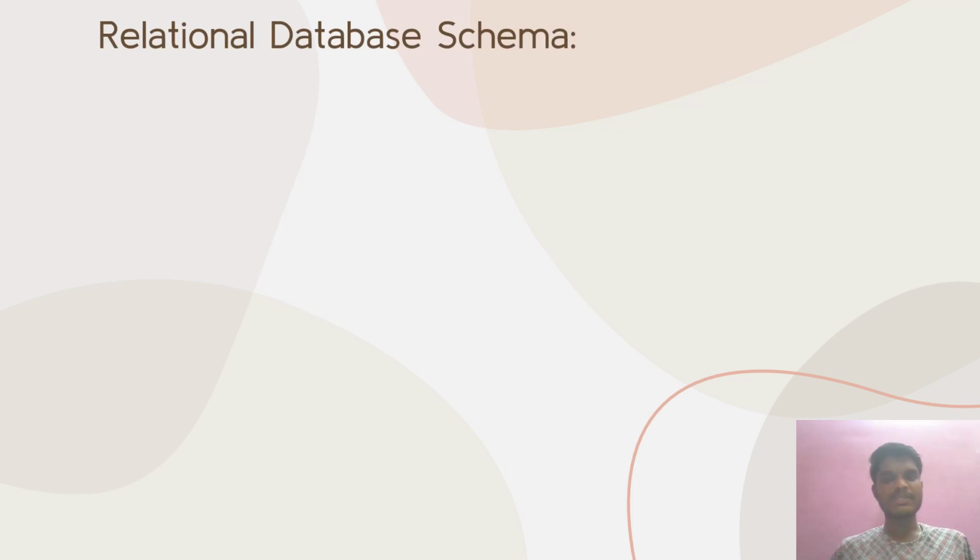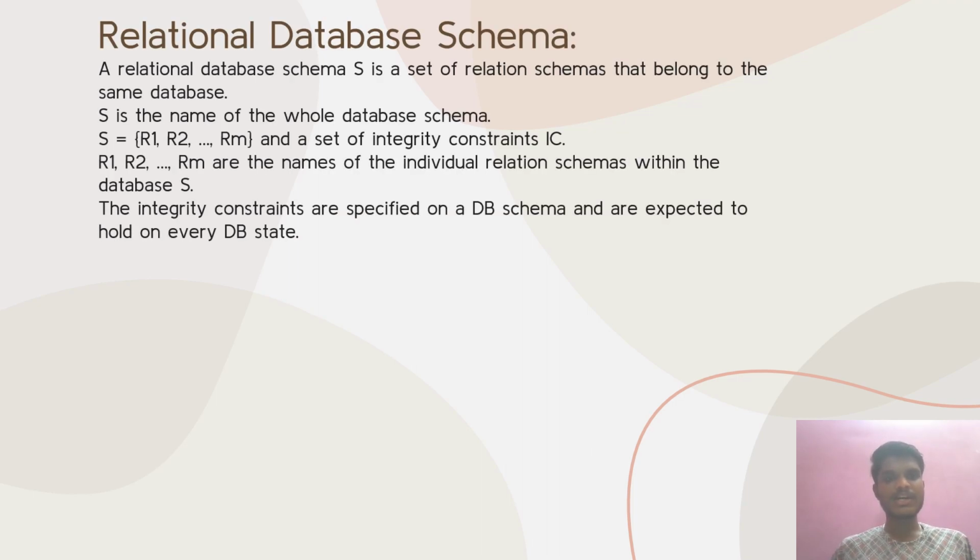Next, relational database schema. A relational database schema S is a set of relation schemas that belong to the same database, where S is the name of the whole database schema.